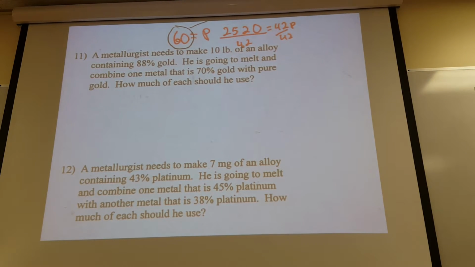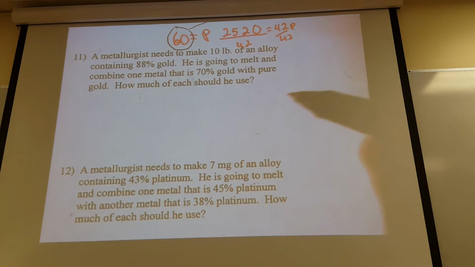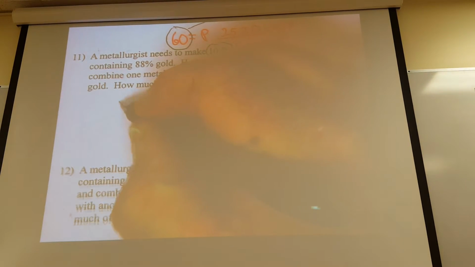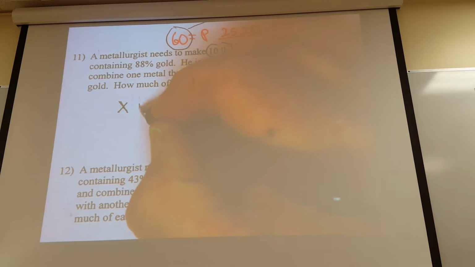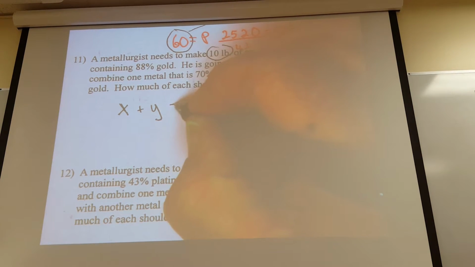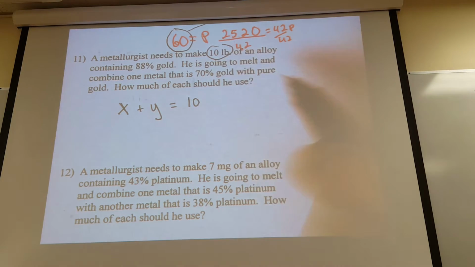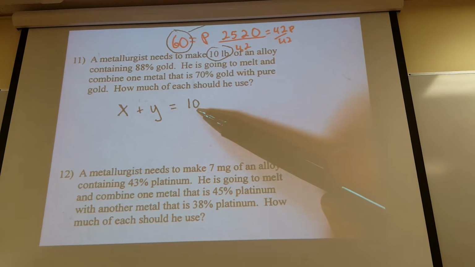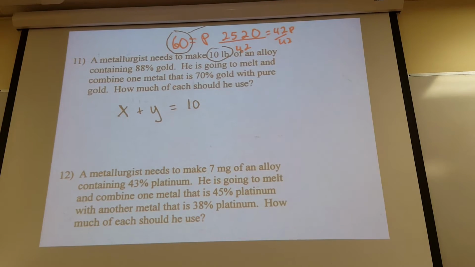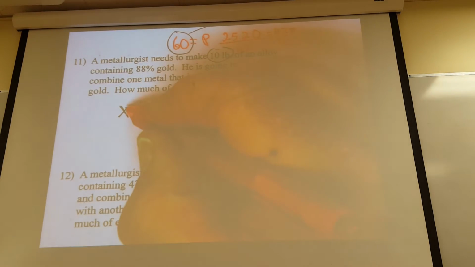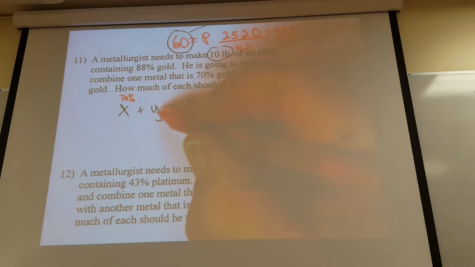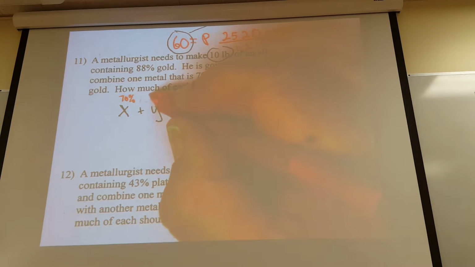Now this is the part that you have to write down. This 10 pounds, you're gonna take so much of X and so much of Y, and that gives you 10 pounds. So you need to put x plus y equals 10. Now, we're gonna let the x be the 70% gold, the y be the pure gold. Now, pure gold's 100%, isn't it?